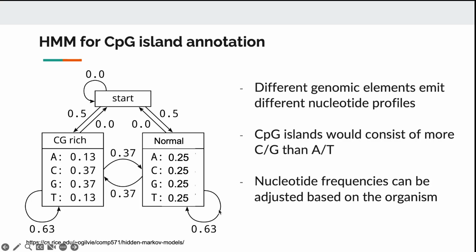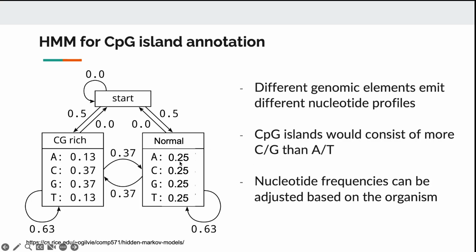And then you might assume that if I think I encounter a CpG island, it's not going to be very small. A CpG island is a long stretch of C and G, so you probably want to stay in the same state. In this case, with probability 2/3, 0.63, you stay as a CpG island, and only 1/3 of the time you go back to a normal non-CpG region.